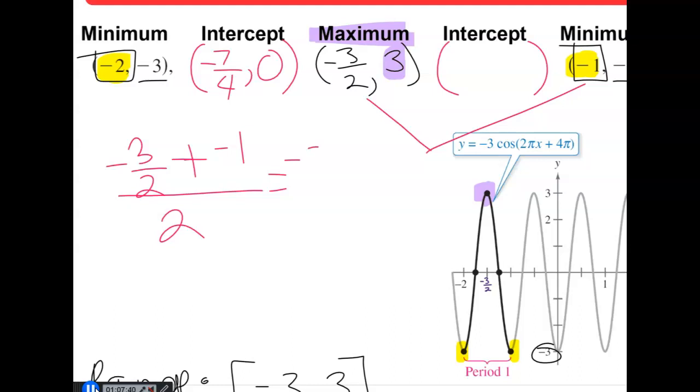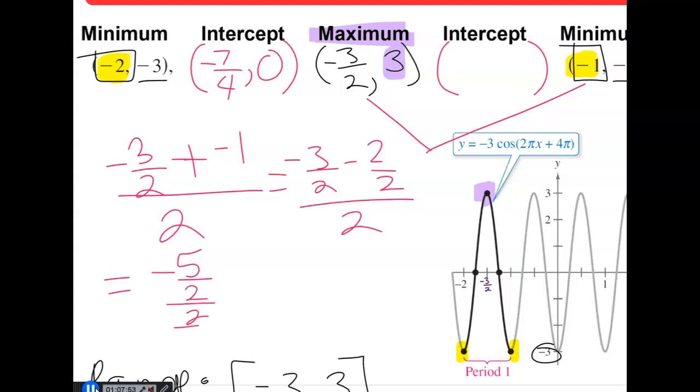So this will equal -3/2. -1 in halves will be -2/2. We divide that by 2, and that will give me -5/2 divided by 2, and that will equal -5/4. So that will be our value here, and this will be a 0.